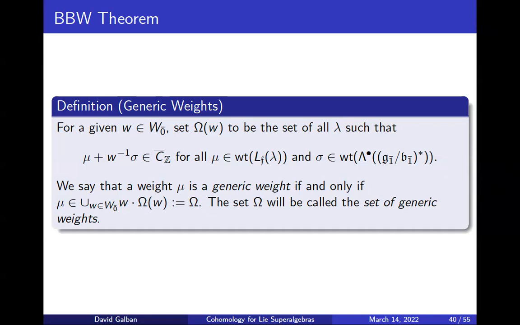And then we'll say a weight is generic if and only if it's in the union over all w in the even Weyl group of w dot, and this is the dot action again, omega of w, which we'll just say is omega.